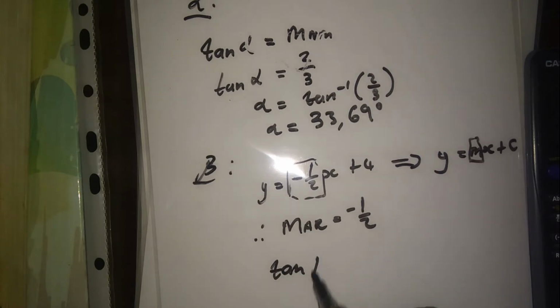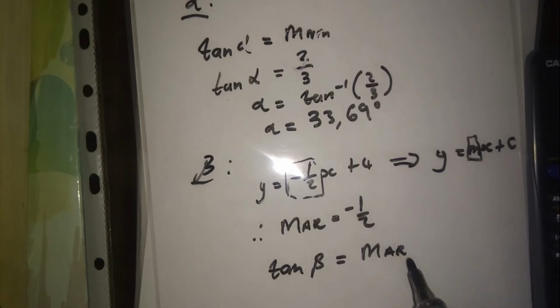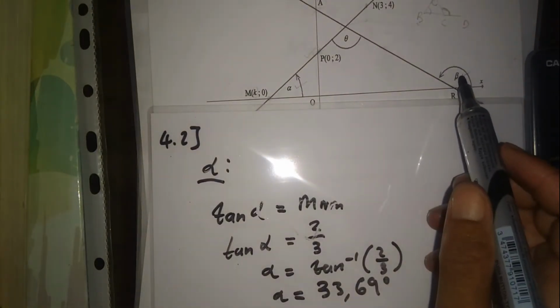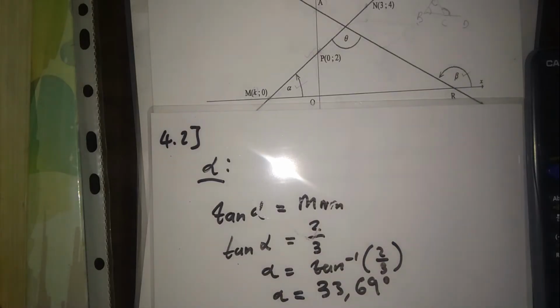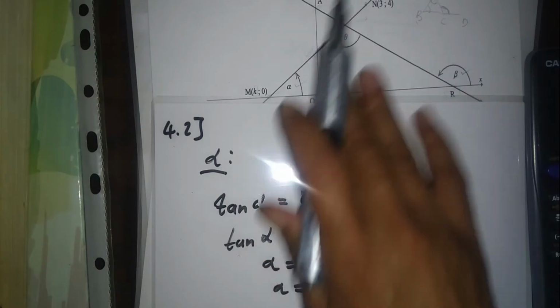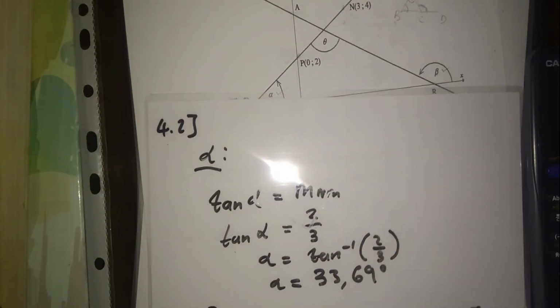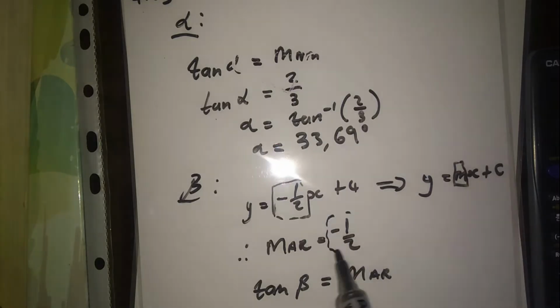Sizothi tan beta is equal to the gradient of AR. Now be careful ke la. Sifuna ubani? Ubeta. And ubeta the angle is more than 90 degrees but less than 180 degrees. So nangabe I gradient yakho is negative, ne? And this one it's an obtuse angle.